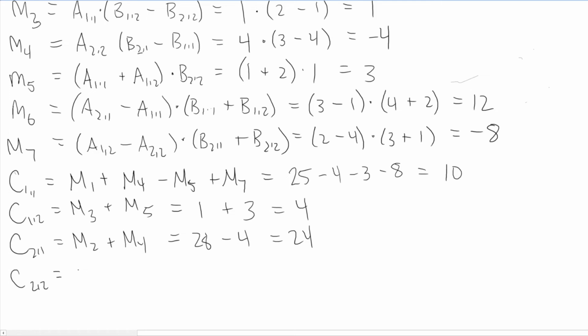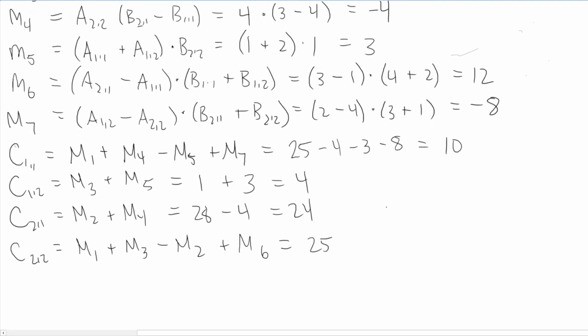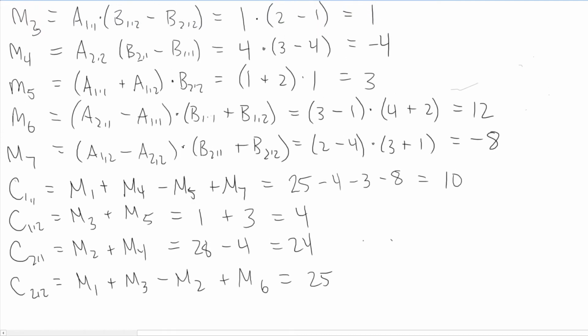Our last one, C22, is going to be an M1 plus an M3 minus an M2 and plus an M6. So let's see what that gives us. M1 was 25, and our M3 is a 1, so we add on a 1 here. And then our M2, what was our M2 again?